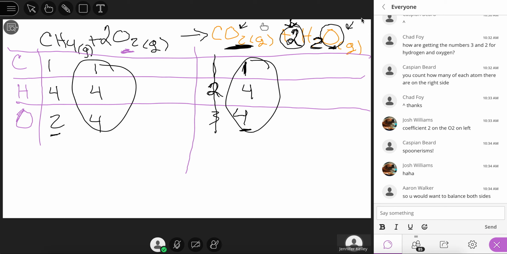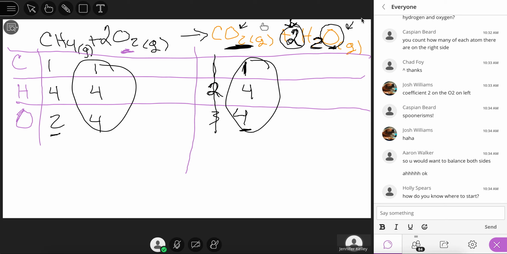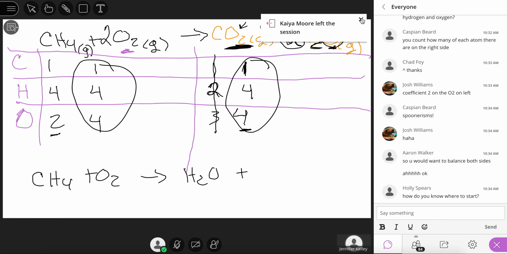The reason is because of the law of conservation of matter. The law of conservation of matter says that you're not going to create or destroy matter in a chemical reaction. So let's say I didn't balance it, it'd be CH4 plus O2 makes H2O plus CO2.